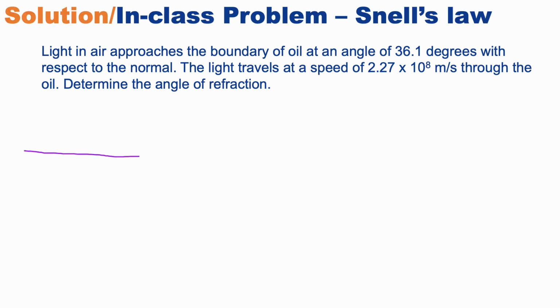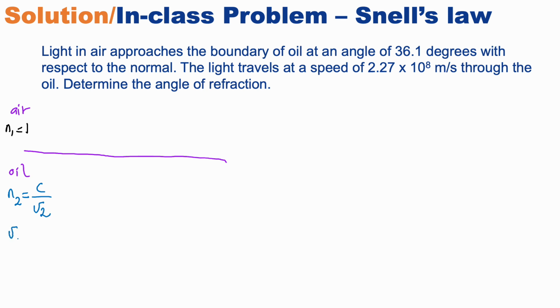So we have here our interface, and we have here air, and this is oil. For the air we know that the refractive index is 1, and the refractive index of the oil we don't know, but we know that this is going to be c over v2, right?